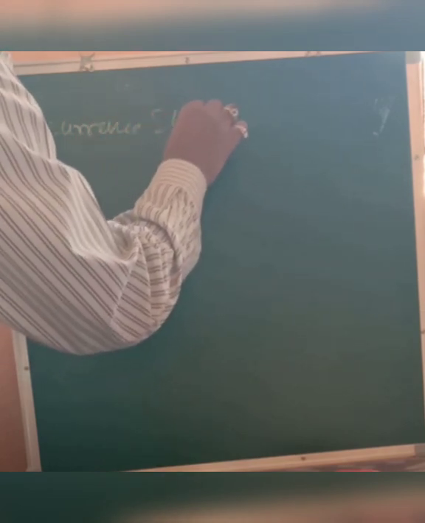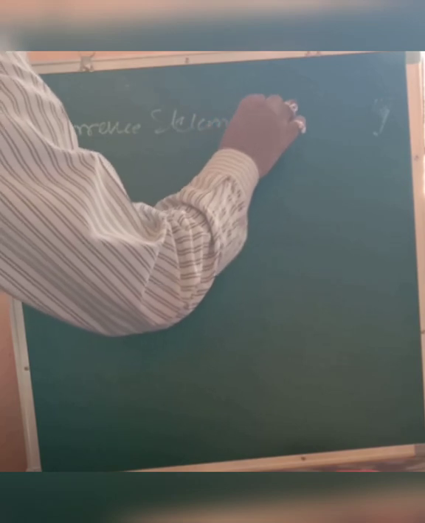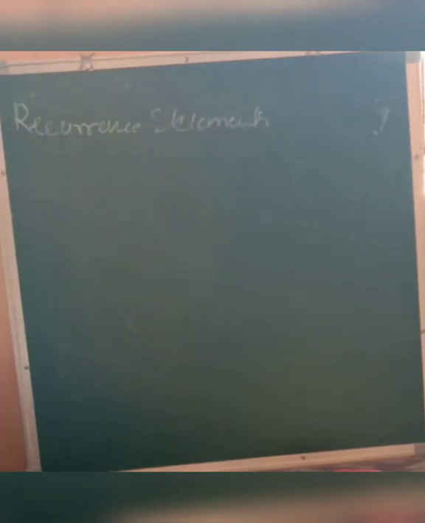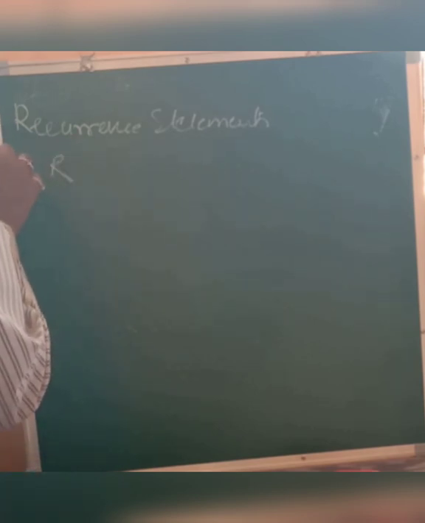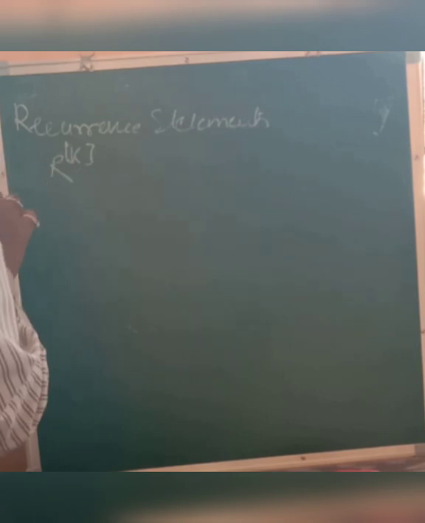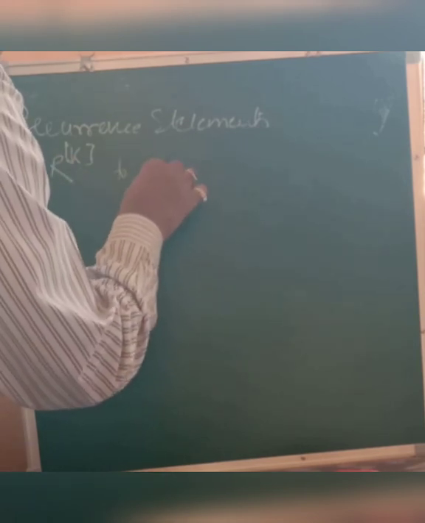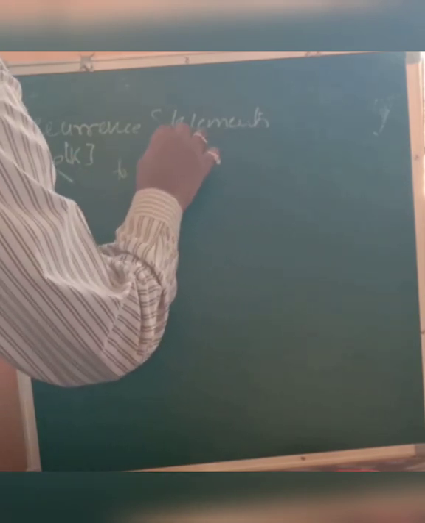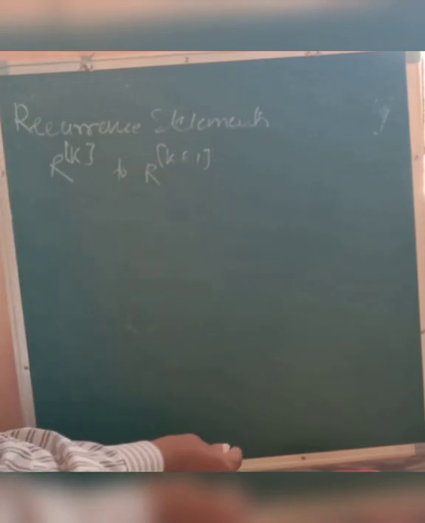These elements in the matrix are called recurrent elements, that is, R of k to the elements R of k plus 1 are the recurrent elements.